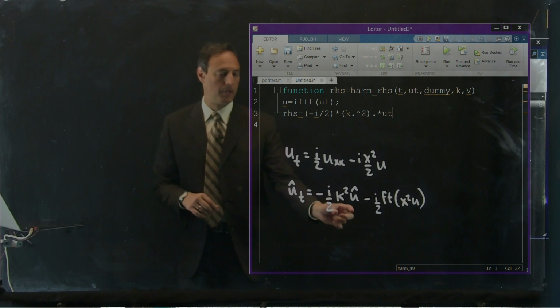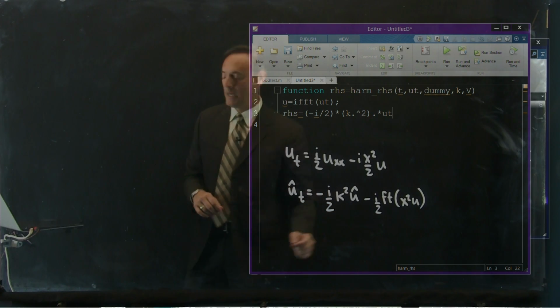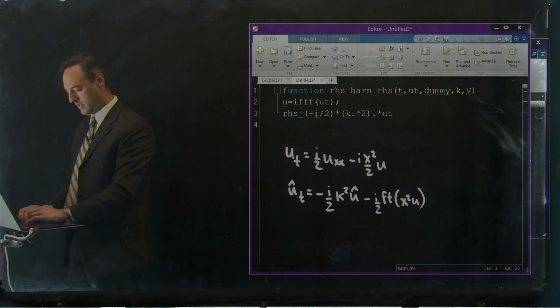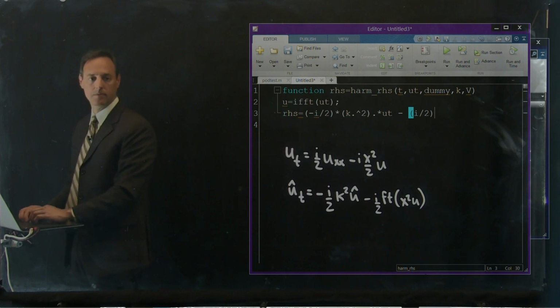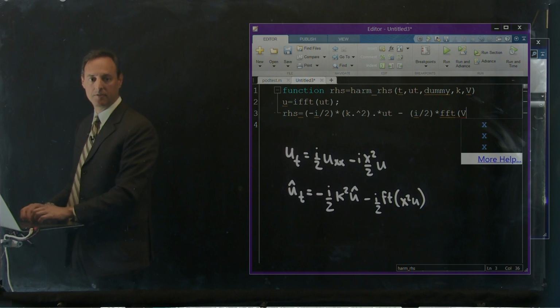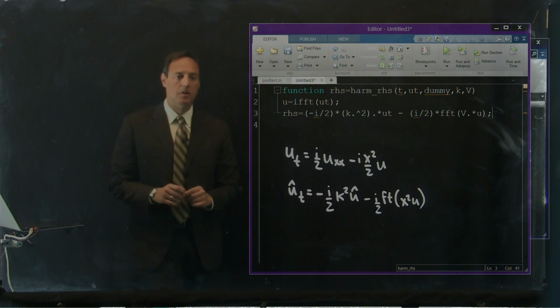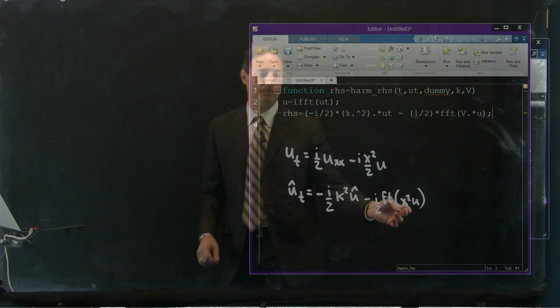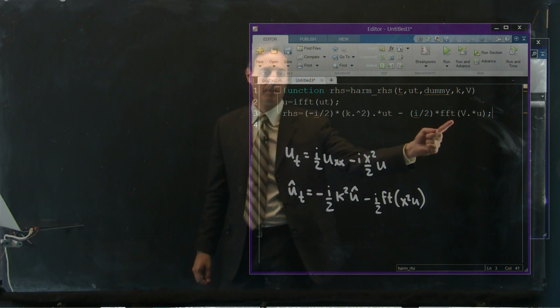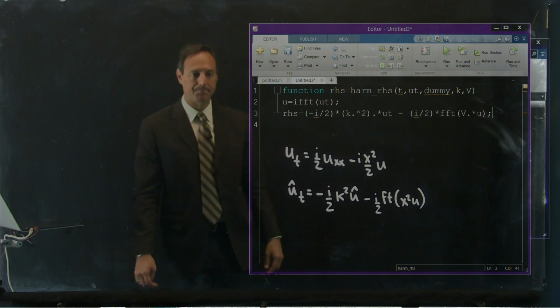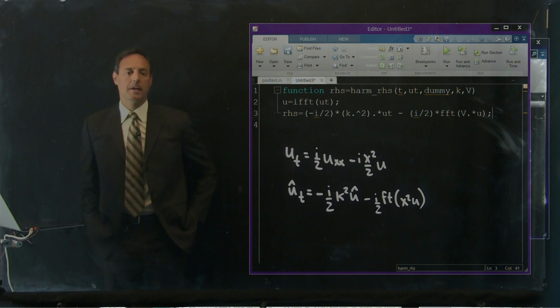That's this term right here. Minus i over 2 times the Fourier transform of v times u. Remember, I sent in v. That was from the outside. We already computed it, so I sent it in times u. That's it. So there's our right-hand side.